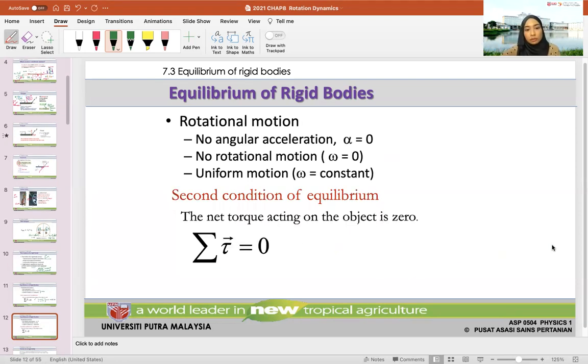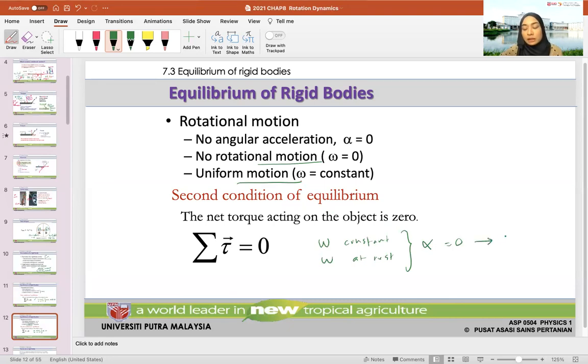Next, when we're talking about rotational and something that is in equilibrium, an object that has the tendency to rotate and it is in equilibrium, it means that it has no angular acceleration. And this can mean no rotational motion at all, or it has uniform motion. So when we have omega that is constant or omega that is at rest, this means our alpha, angular acceleration, is equal to 0.